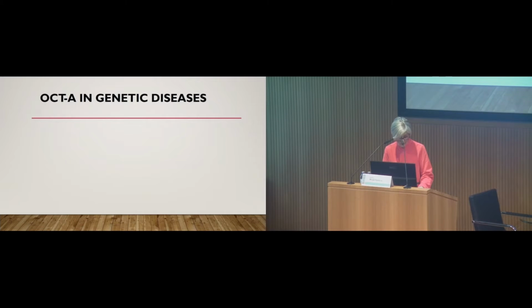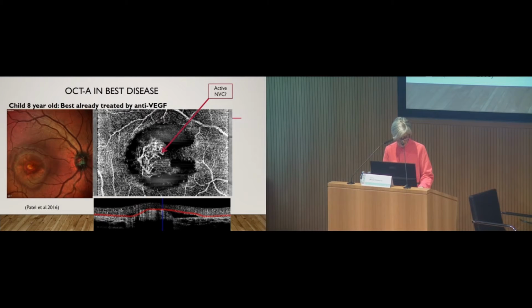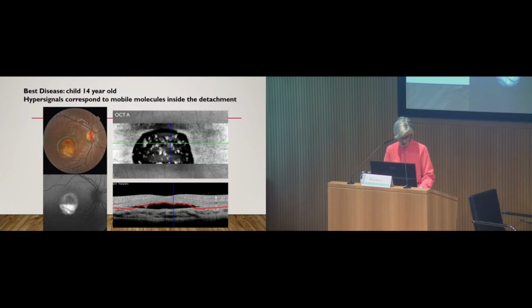In genetic disease, as in Best disease, the danger is a mirror effect on the material and the activity appreciation of the CNV after treatment, because we always see the CNV inside the fibrovascular scar. It is important also to know that signals seen in non-neovascular Best are possible and are due to molecules moving inside the detachment.